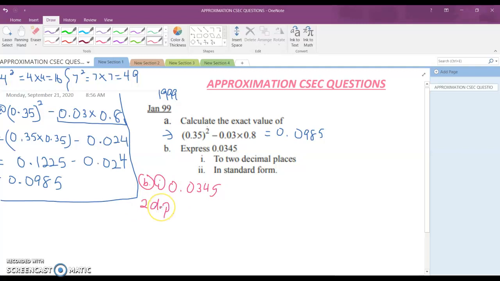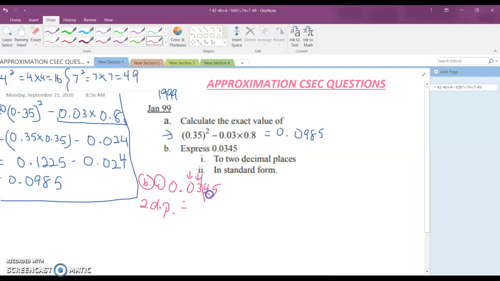Now, please don't confuse decimal places and significant figures, right? When you hear about decimal places, locate where your decimal point is, right? So my decimal point is here. So the first number right after the decimal point, which is 0, that's my first decimal place. So then 3 is my second decimal place. So you draw a line after the 3.